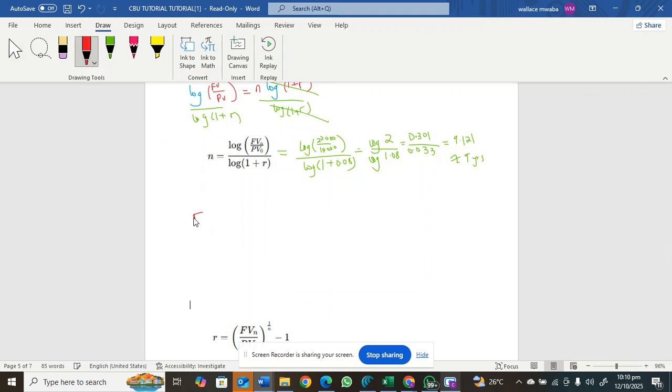Future value equals present value times 1 plus r to the power n. Now in this case, we are looking for r. So first things first, get rid of the present value. So you divide both sides by PV.